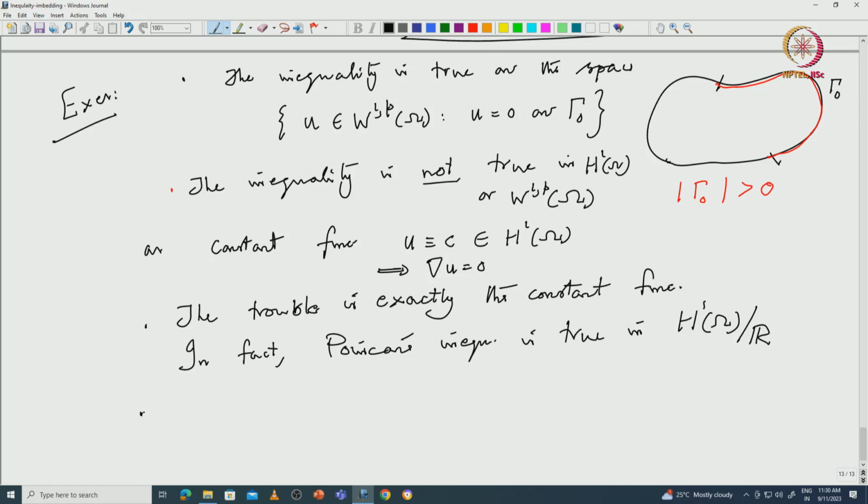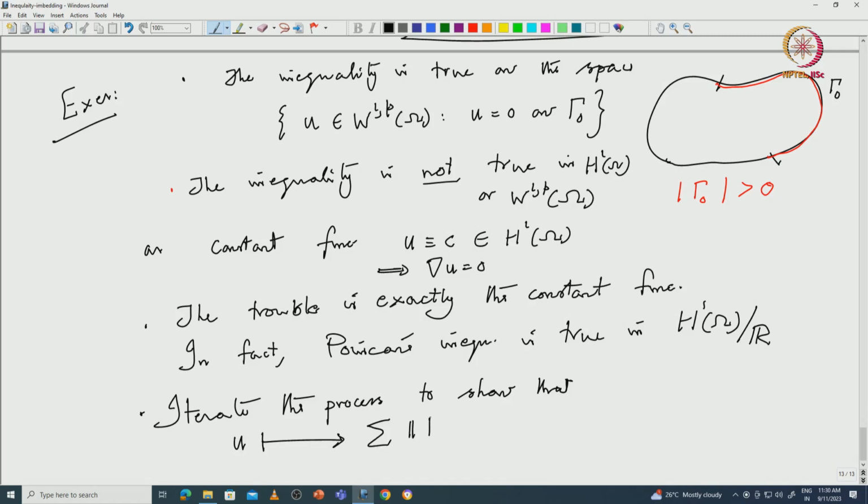You can iterate this process to show that you need only the highest order derivatives: the sum over |alpha| equal to m of the norm of d alpha of u at LP is an equivalent norm.